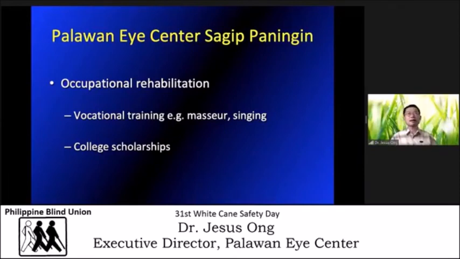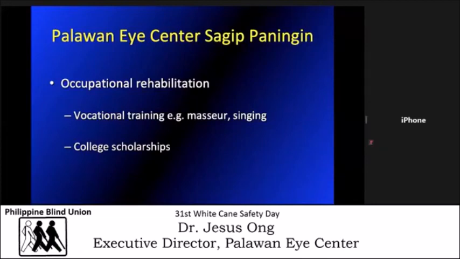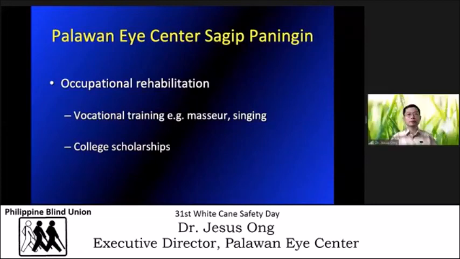Kasi importante na hindi lang makalakad ang bulag, hindi lang makagamit ng cellphone, kundi makasupport din sa sarili niyang pangangailangan. So this occupational rehabilitation is important for his personal independence, no? Yung independence ng blind people.